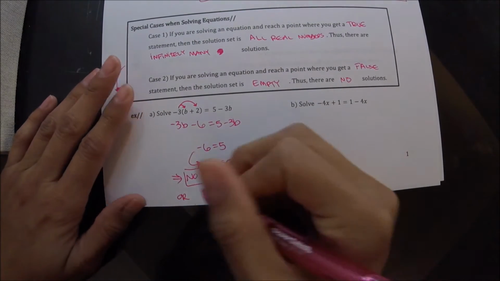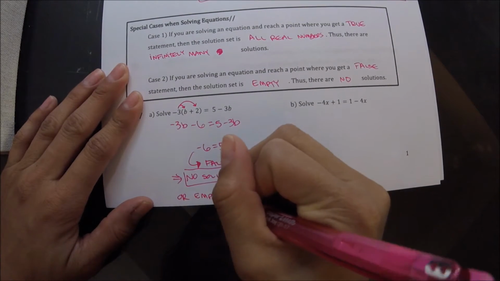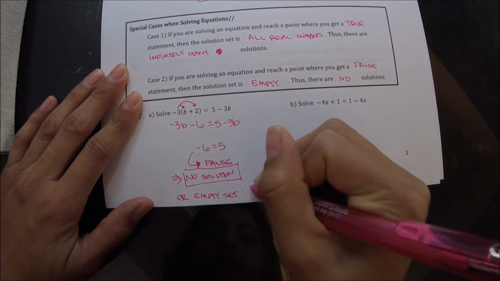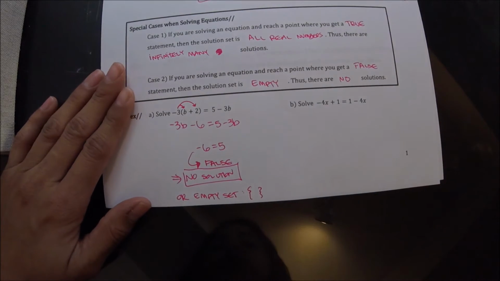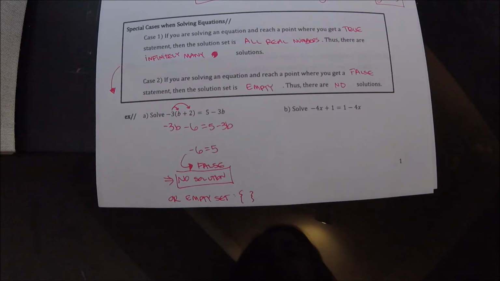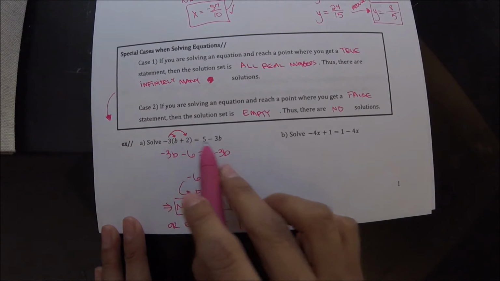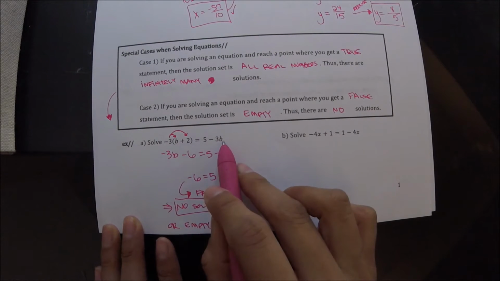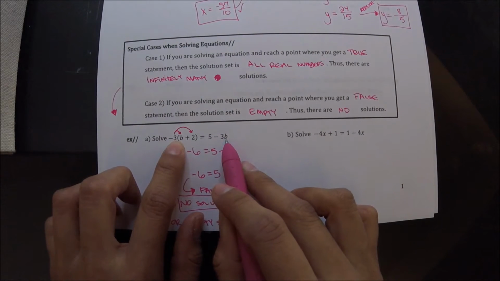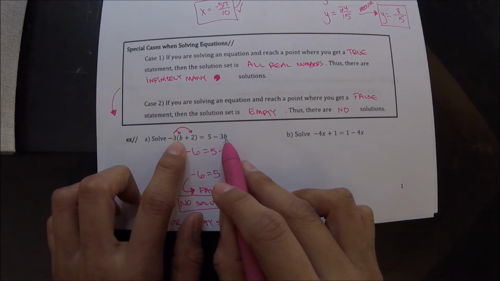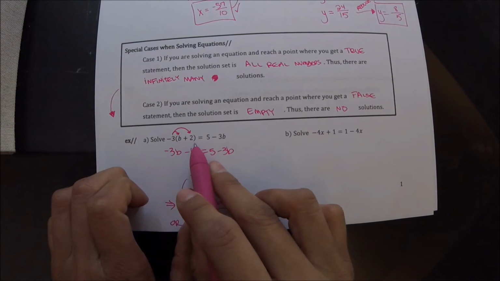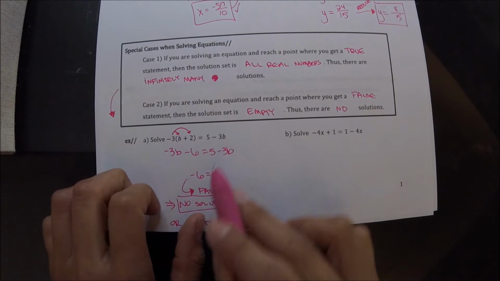Or we'd say the empty set, which just looks like two curly brackets with nothing inside them. So what this is saying is you could plug in any number you want for b, and you will never be able to find one that makes the left-hand side equal the right-hand side.